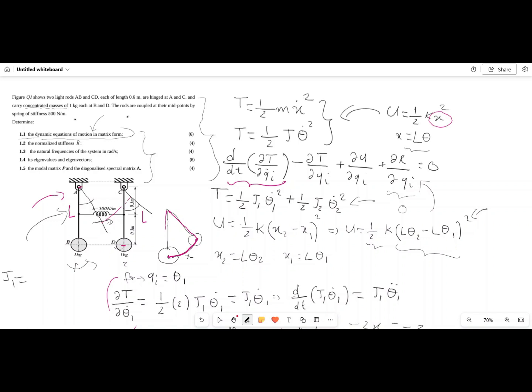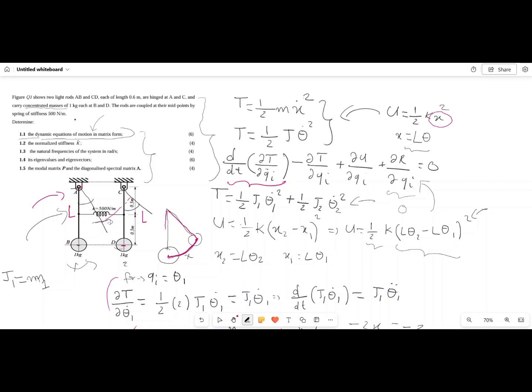In that instance, if we want to solve for the moment of inertia of the concentrated mass, it is simply the mass of that object. Let's say I'm focusing on this one. Let me call this one M1. So it is simply M1, times the distance from the center of gravity of the mass to the pivot point, squared.